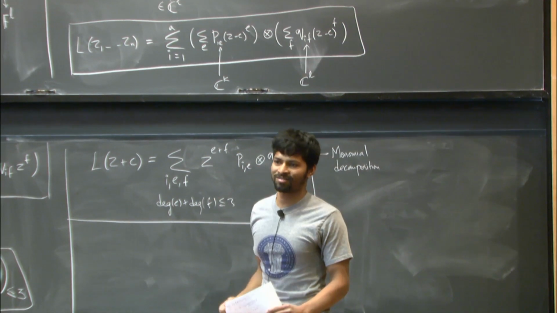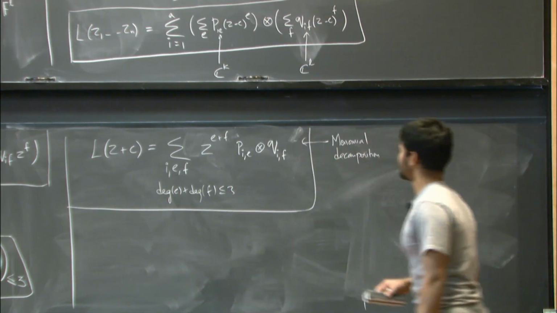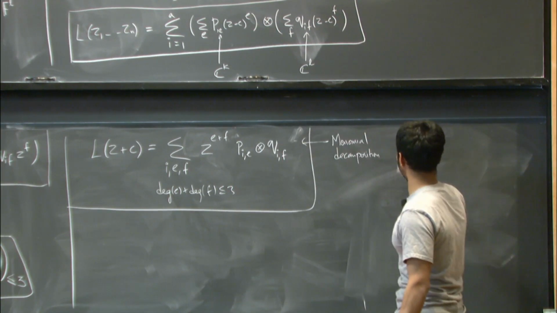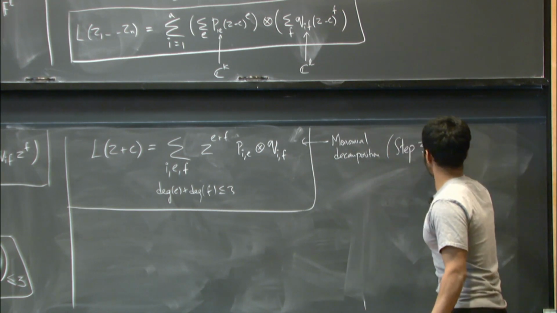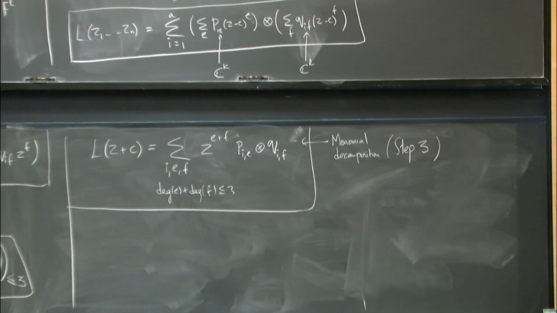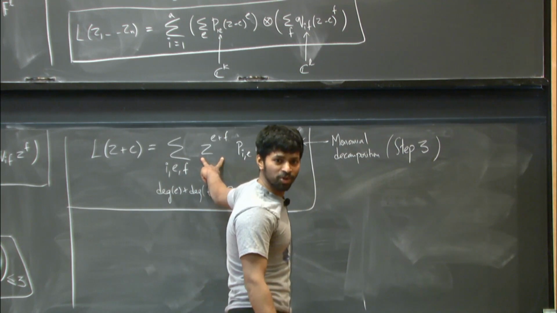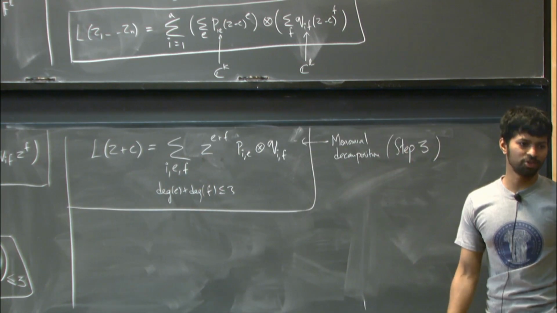This is a scalar in this function field. So that's a monomial decomposition, and this concludes step 3. Why do I call it a monomial decomposition? These guys are monomials.